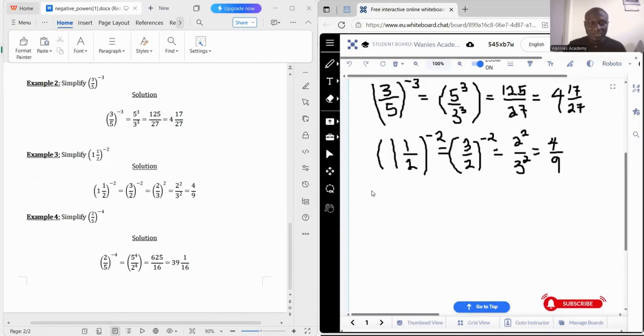Lastly, for today's class, we want to simplify 2 over 5 raised to the power negative 4.